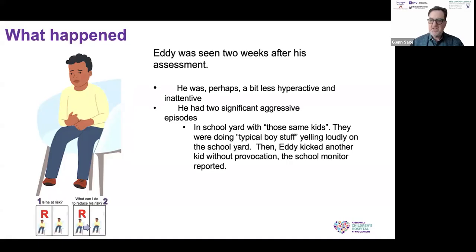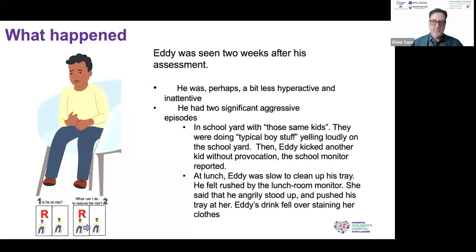He was, as the mother said, doing typical boy stuff, yelling in the schoolyard. Then Eddie kicked another kid with a provocation. The school monitor reported. Another episode at lunch: Eddie was slow to clean up his tray. He felt rushed by the lunchroom monitor, and then he angrily stood up, pushed the tray at her, and Eddie's drink fell over, staining her clothes.